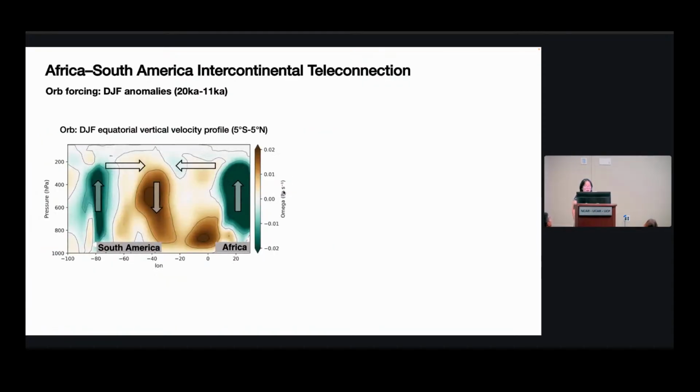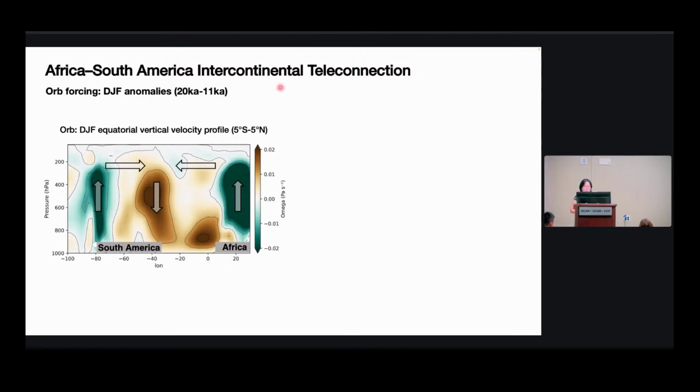But we extend our analysis to a broader scale, and we found there is an Africa-South America intercontinental teleconnection. The figure here shows the December, January, February equatorial vertical velocity profile in response to orbital forcing.